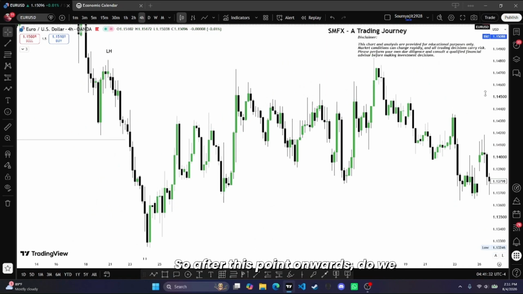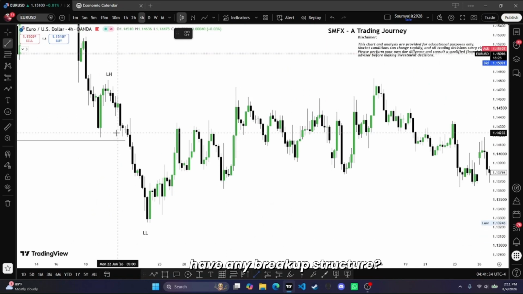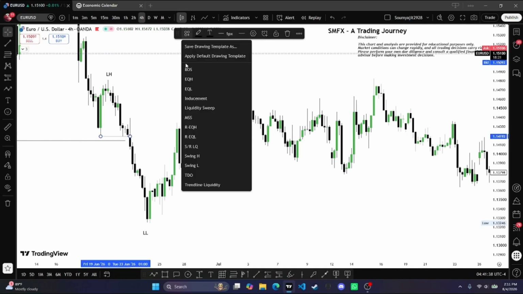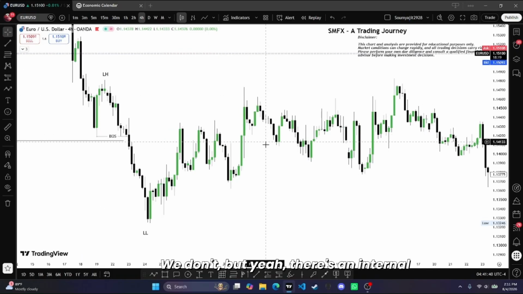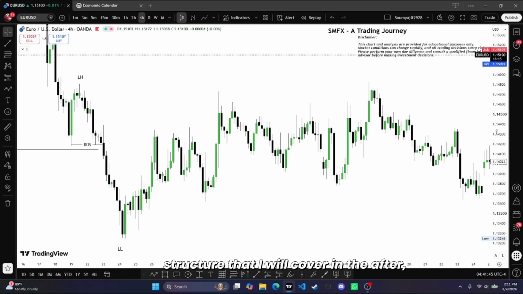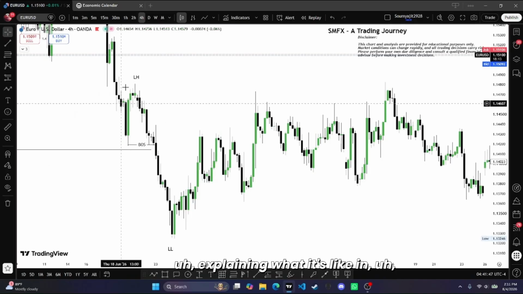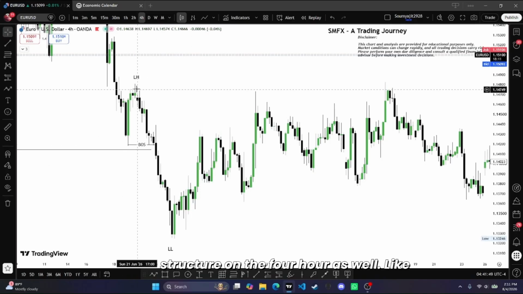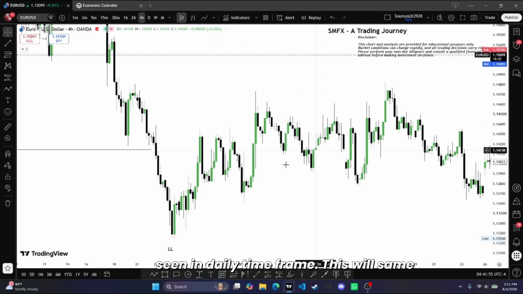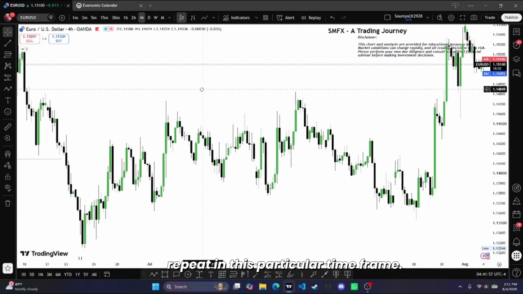So after this point onwards, do we have any break of structure? We don't. But yes, there is an internal structure that I will cover after explaining the structure on the 4 hour as well. This same thing repeats just as we had seen in the daily time frame. The same will repeat in this particular time frame.